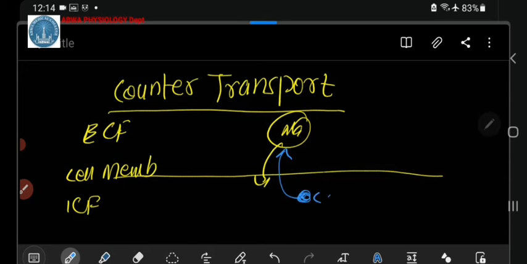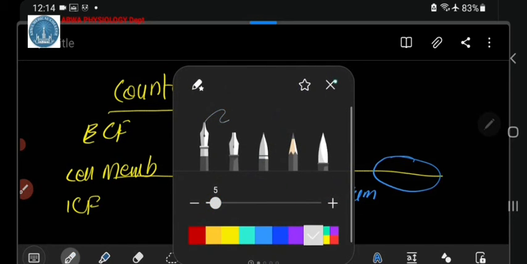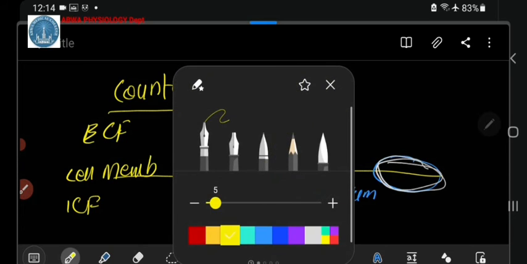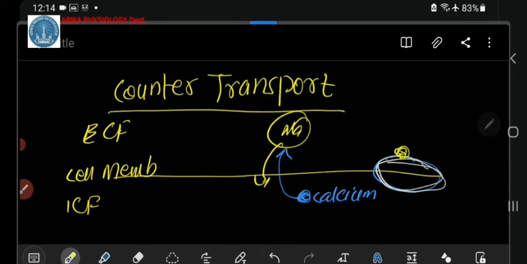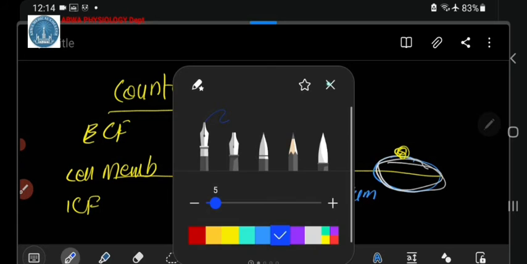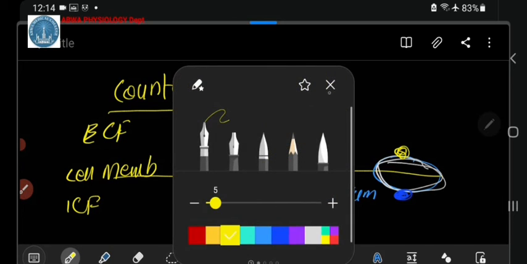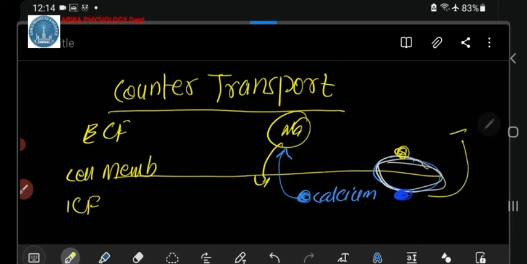That other substance may be calcium, that is the most common example. So there is a protein here. Sodium will attach to this side, and calcium will attach to this side. So this molecule will twist like this.